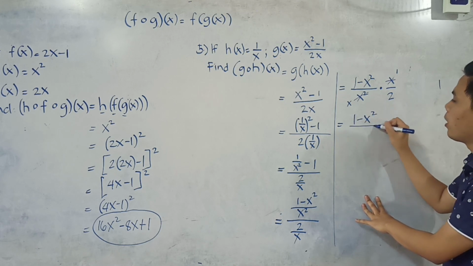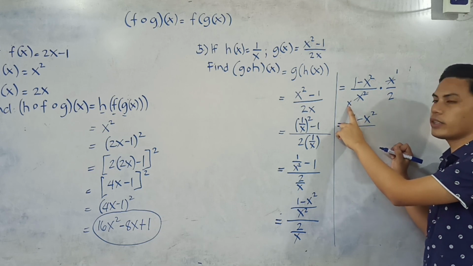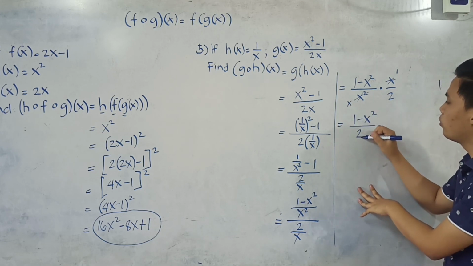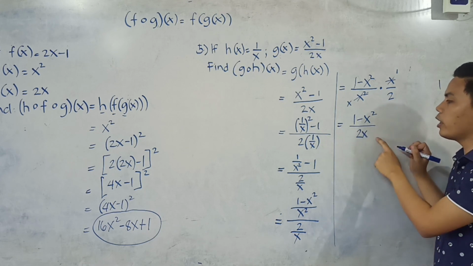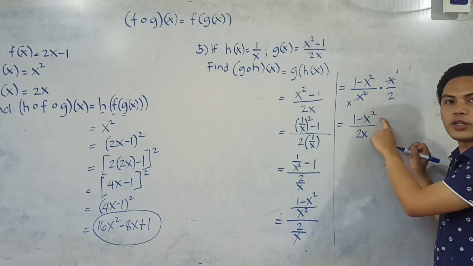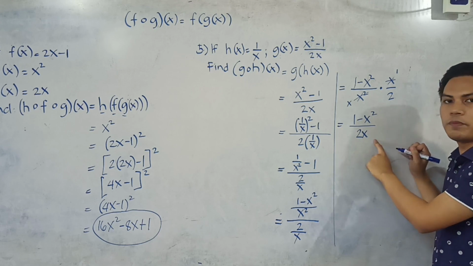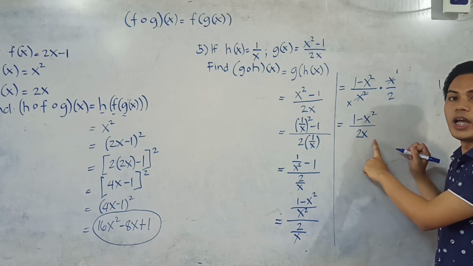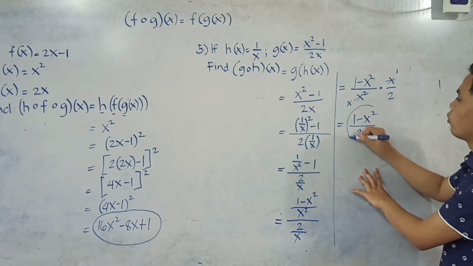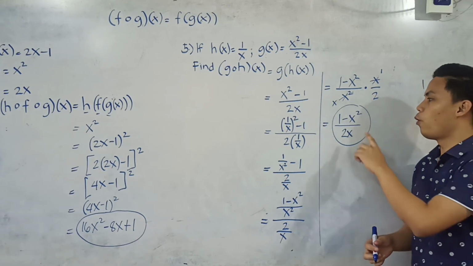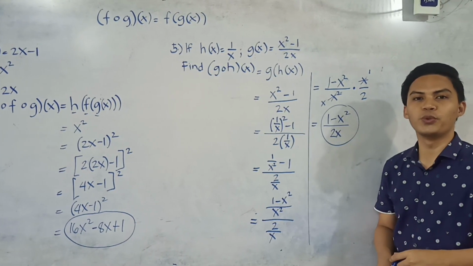Okay. Sa baba naman, sa denominator, you have x times 2. So, x times 2 is 2x. So, titignan natin, wala nang common factor sa numerator and denominator except 1. Therefore, ito na yung simplified form ng answer natin. So, g of h of x is equal to 1 minus x squared all over 2x.